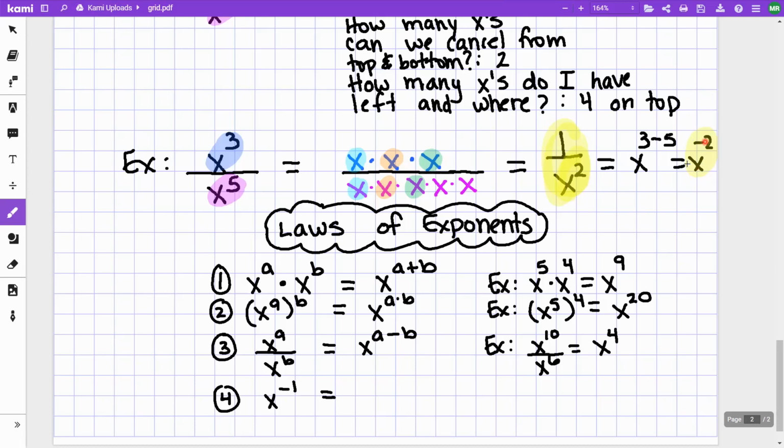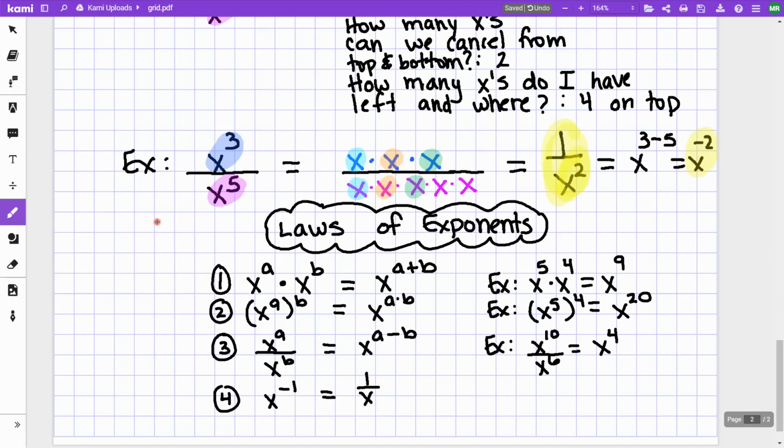So here, when I had x to the negative second, it was 1 over x to the second. We call it the reciprocal. I take the reciprocal of this, which is going to be 1 over it. So this is going to be 1 over x.